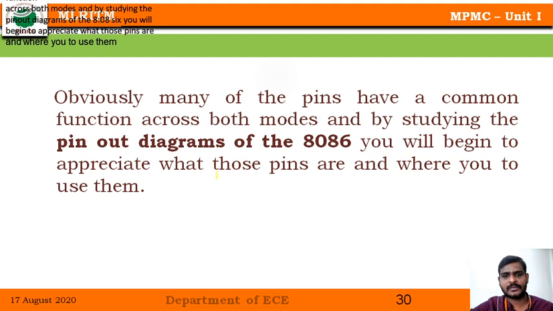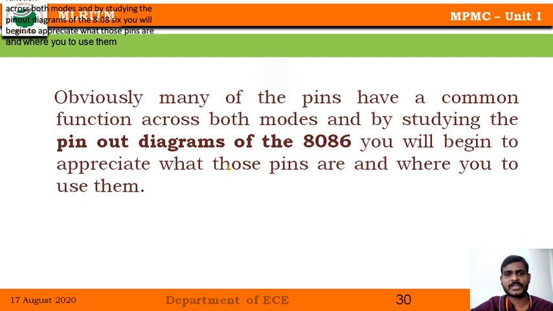So this is the end of the 8086 architecture and the different modes of operation. In the next class we are going to see the pin out diagram of the 8086 and how each pin operates.